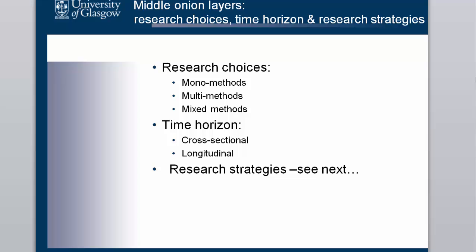So basically, your choice of whether or not you will employ a multi-method or a mono-method will depend entirely on your research aim and objectives and what you're trying to achieve. Definitely not assuming that more methods equals more marks.